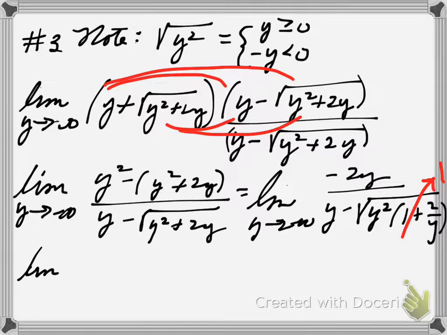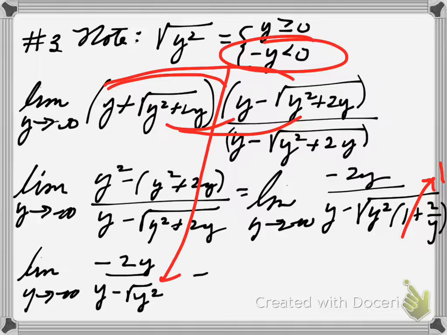All right, so now we have the limit as y is approaching negative infinity of negative 2y over y minus the square root of y squared. And we just said that the square root of y squared is equivalent to negative y when y is negative.